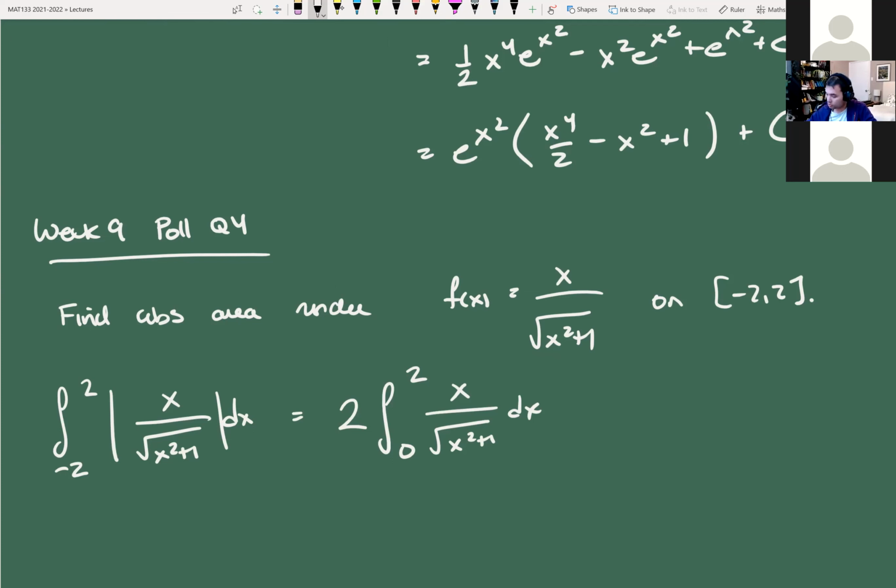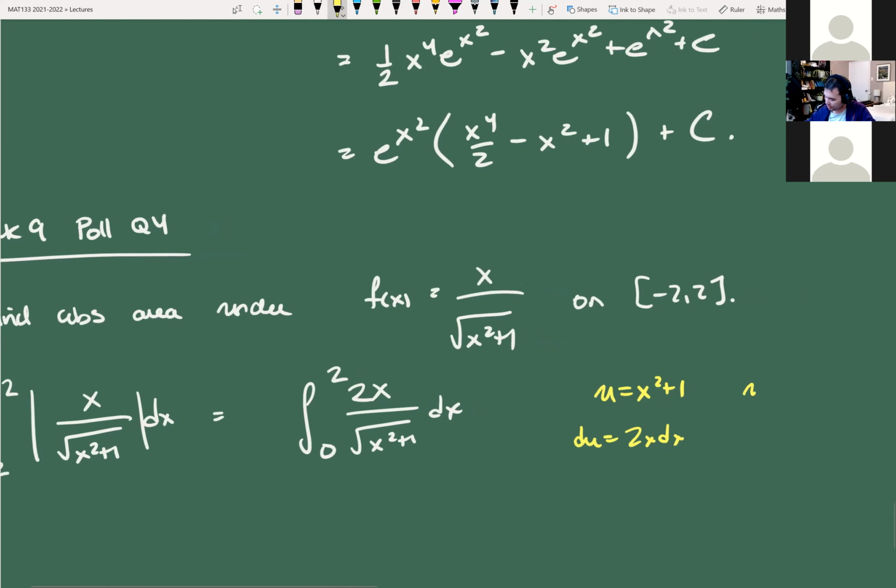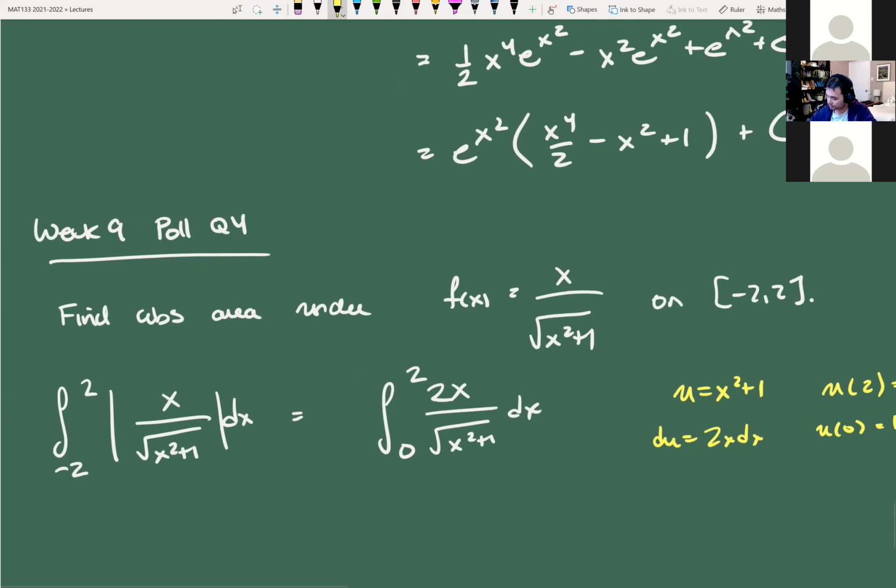We need to now do a substitution. So I'm probably going to let u be x squared plus 1. du is, hey, look, 2x. I'm going to put that 2 inside. So we actually get 2x dx. Isn't that exciting? That never happens. u of 2 is equal to 5. u of 0 is equal to 1.